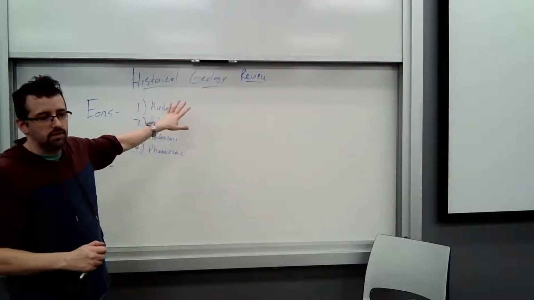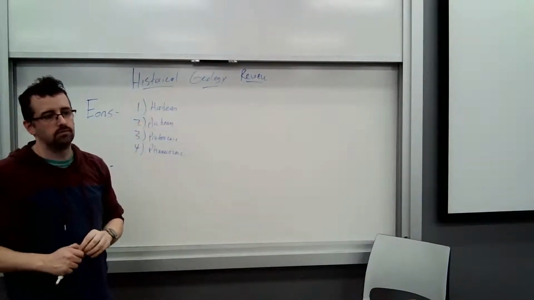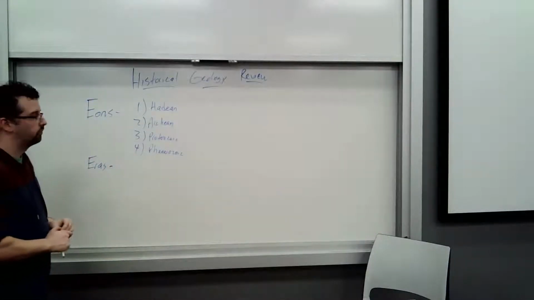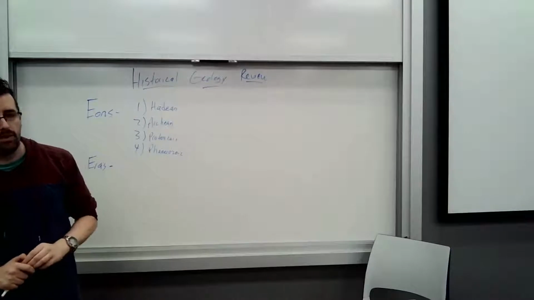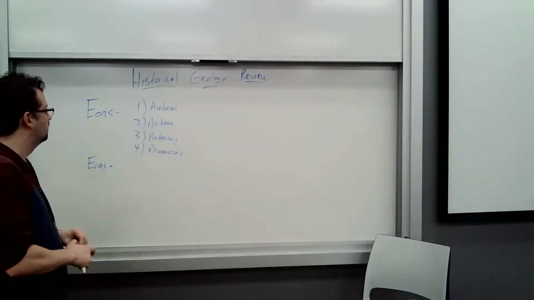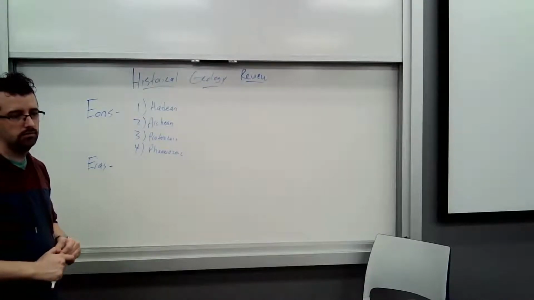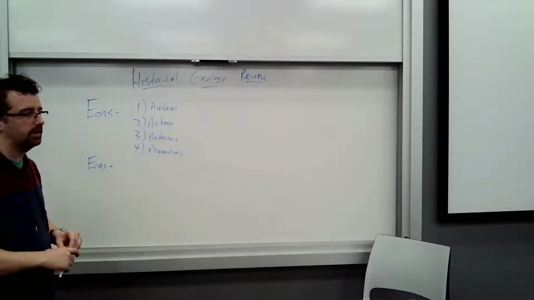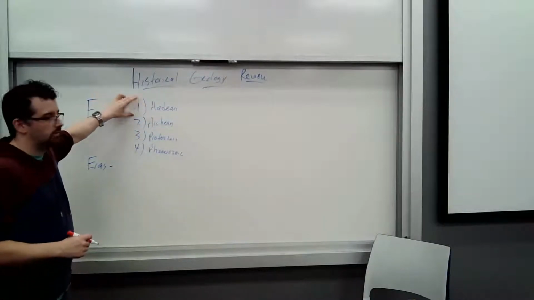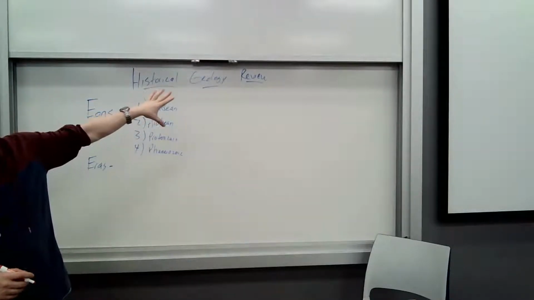What defines the Hadean eon? Anybody like to take a guess? Remember lab 1 when I asked you to come up with a mnemonic learning device, right? Okay. Anybody want to tell me about the Hadean? What happened here, right? What happened here?